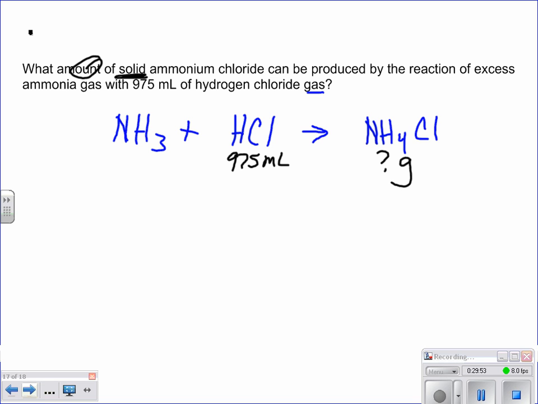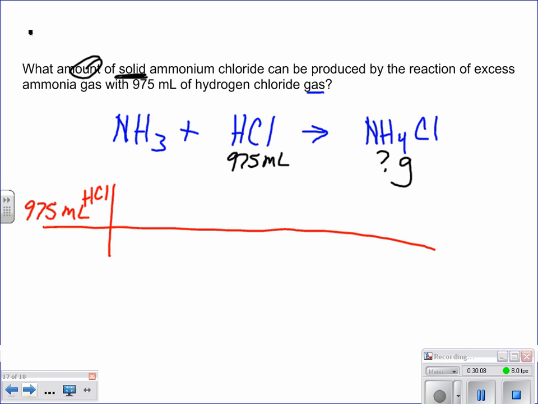Just for kicks, I'll do this one the long way. I would probably just start 0.975 liters, but in case you're not comfortable with that, you can start with this, and this is your HCl. You don't want it as milliliters, you want it as liters. You know that in one of these big things, there's 1,000 of these little things, so that's what you've got to have memorized.